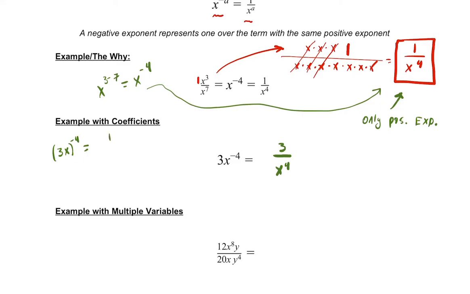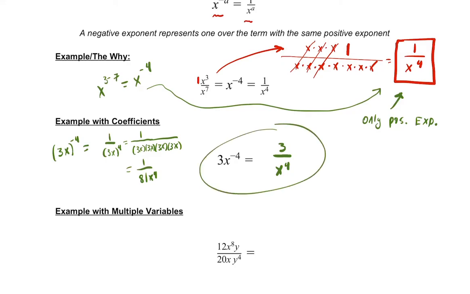That would be 1 over 3x to the fourth, which would be 1 over 3x in parenthesis to the fourth, which would be 1 over 3x times 3x times 3x times 3x, which would be 1 over 81x to the fourth, but we're not dealing with that today. That's going to be something for tomorrow. But for right now, just make sure if there's no parenthesis there, the exponent does not apply to the coefficient.